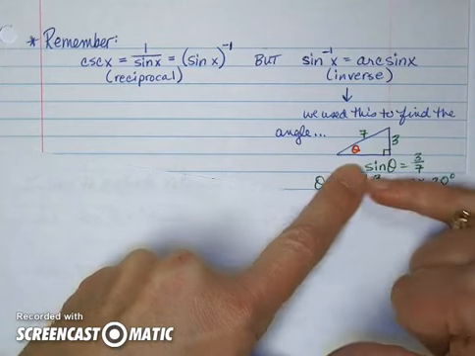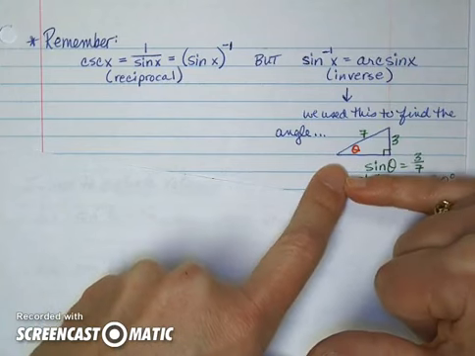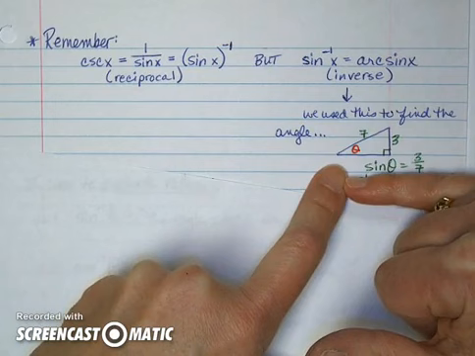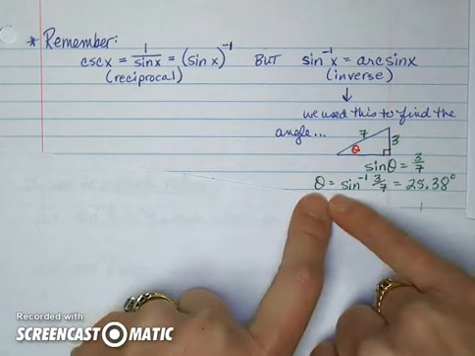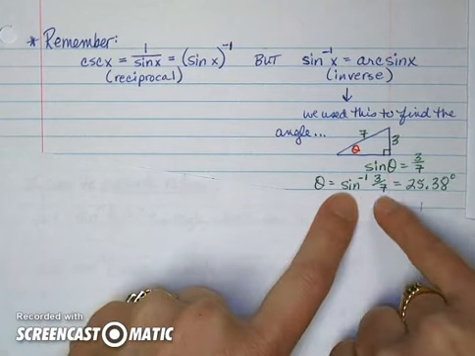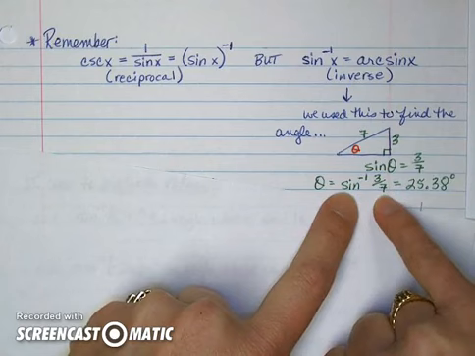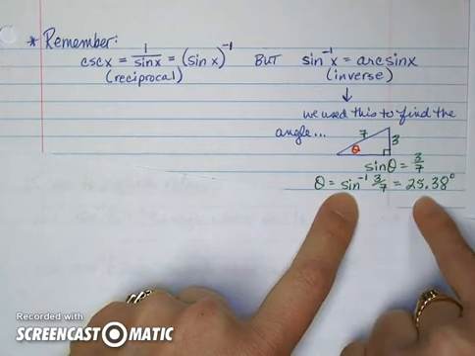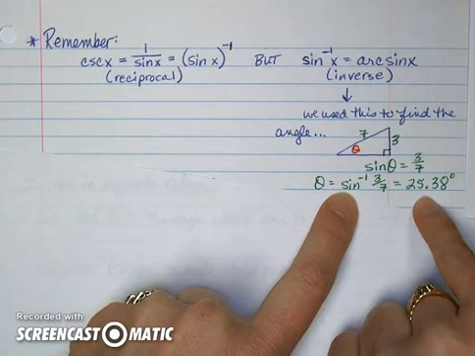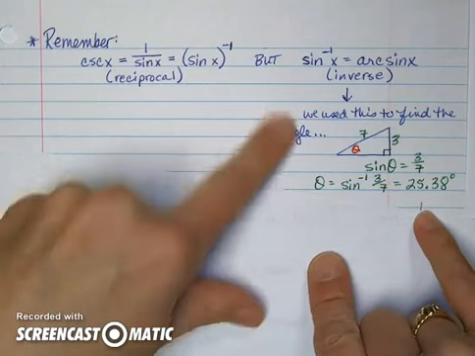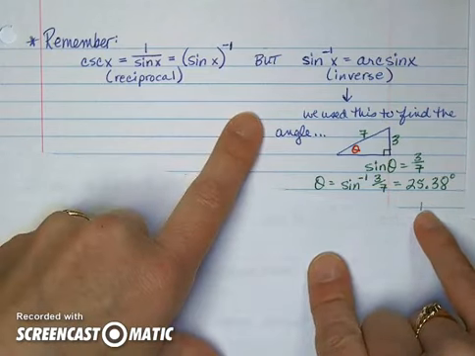Well, then you did the inverse of sine. You said theta was equal to the inverse of sine, 3/7. And we got, if you were in degree mode, 25.38 degrees. We did this in the last unit. So you have used the inverse, you just haven't graphed it, and that's why I want you to do that.